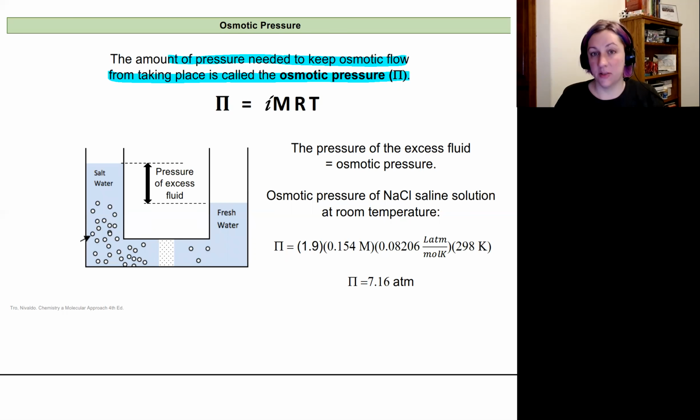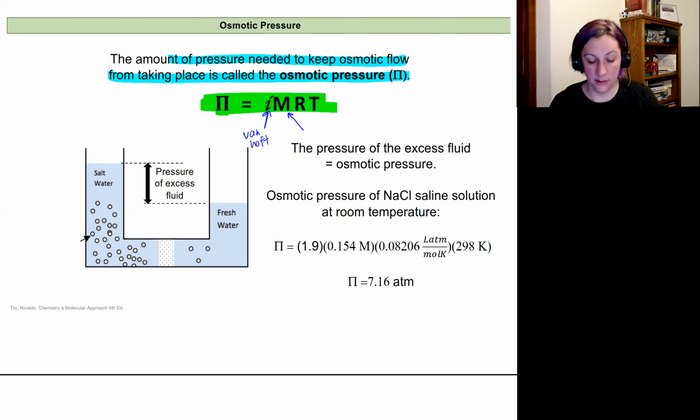We characterize this with an equation that is reminiscent of the ideal gas law. Osmotic pressure is this capital pi sign, and it's times the Van't Hoff factor again, so we know how many particles we have. This large M is molarity this time, so moles per liter.